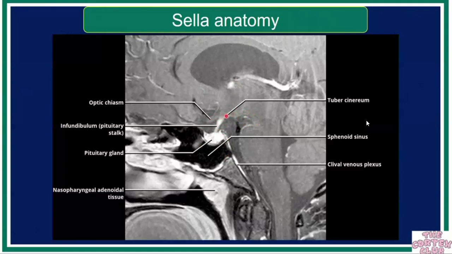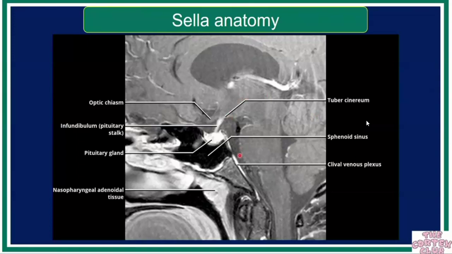And the portion of the hypothalamus from which this pituitary stalk extends is the tuber cinereum. So a gentle bump on the hypothalamus from where the pituitary stalk extends is the tuber cinereum. And tuber cinereum is also important because one of our lesions is centered in the location of the tuber cinereum, the tuber cinereum hamartoma.